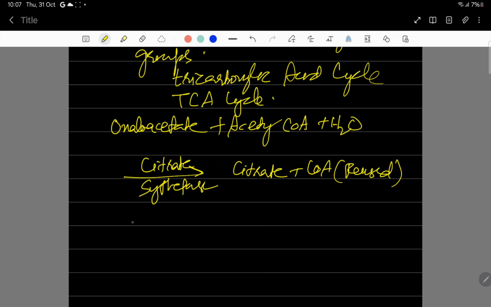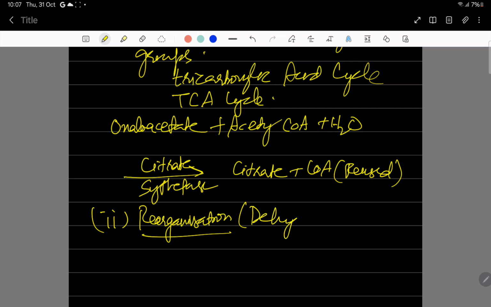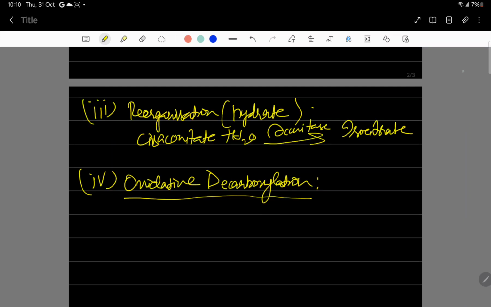Reorganization, that is dehydration. So isocitrate gives off a pair of hydrogen atoms, oxidation, and a molecule of CO2, decarboxylation, and becomes 5-carbon alpha ketoglutarate.